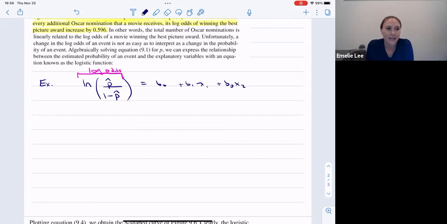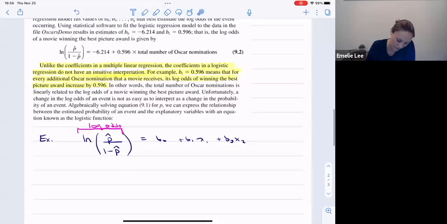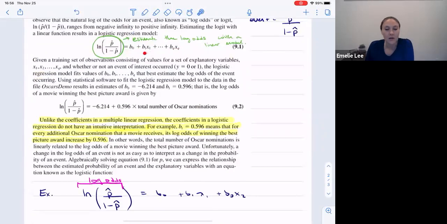Let's keep it a little bit simple. We've got two predictors in there, but that's pretty good. Of course, it extends to this full length, but I don't want to write all those out. I guess I could, but it's nice to see the shortened version.